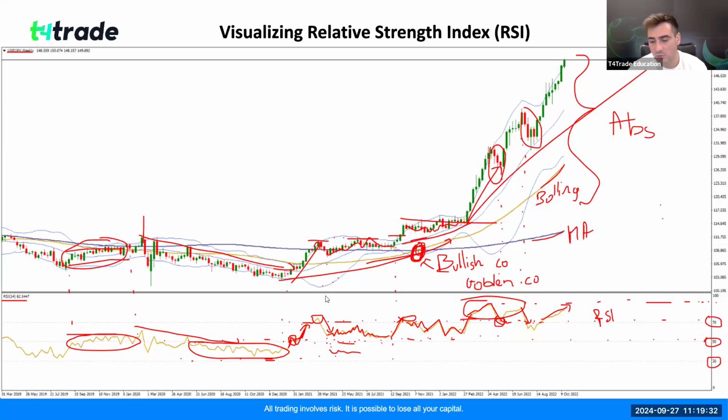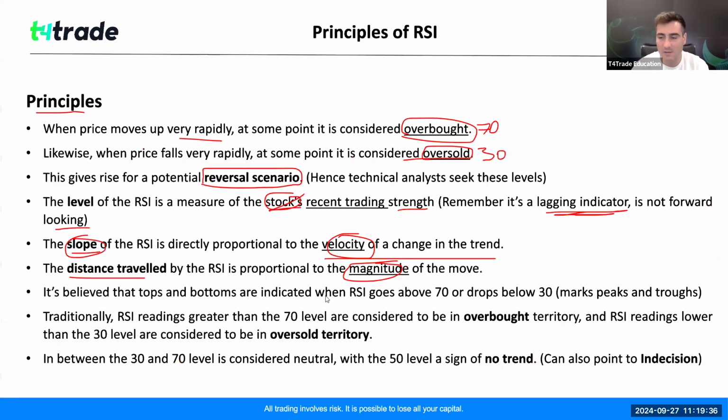The faster it goes, the sharper the line is, the steeper the slope, the more volatile the move is in that kind of direction. Those are the clear signals that we look out for as technical traders or technical analysts. Okay. So it is believed that tops and bottoms are indicated when the RSI goes above 70 or drops below 30.